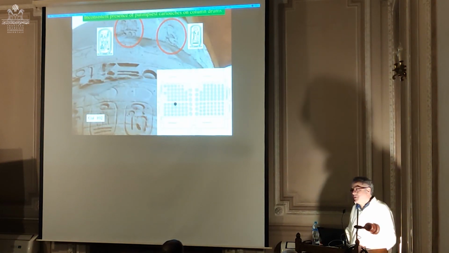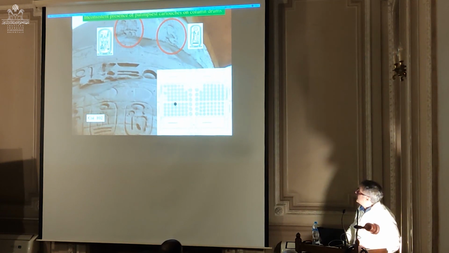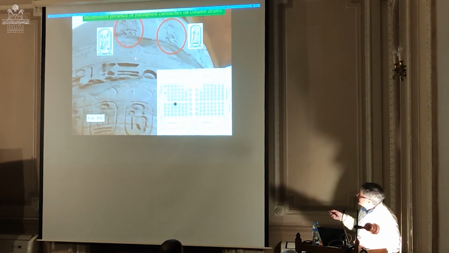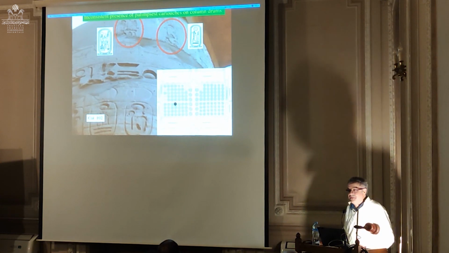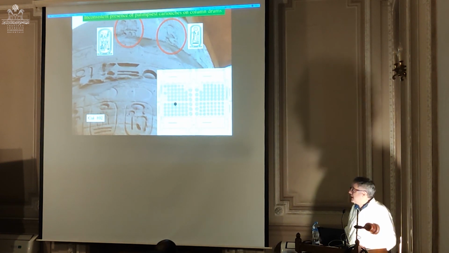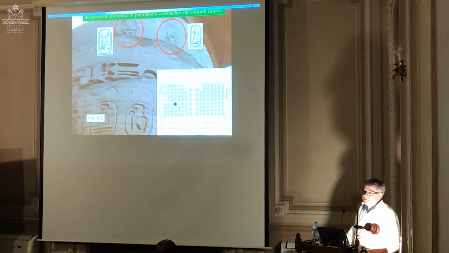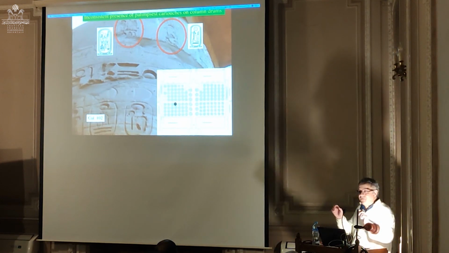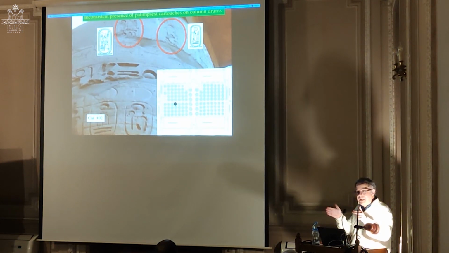Other small details that we noticed were, for example, on this column, and only on this column at the top, we found palimpsest inscriptions of Ramses II. At first we thought that these were correctly located, because there are palimpsest inscriptions of Ramses II on top of Seti I inside the northern gate.